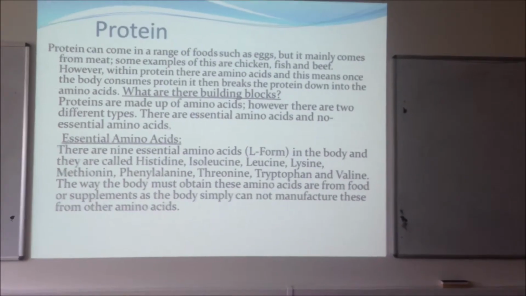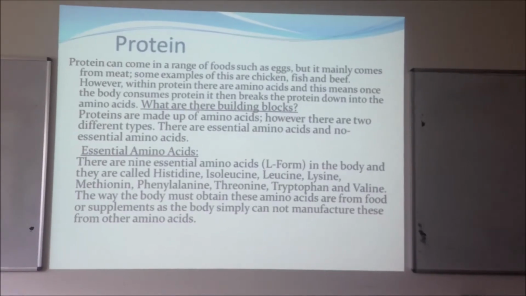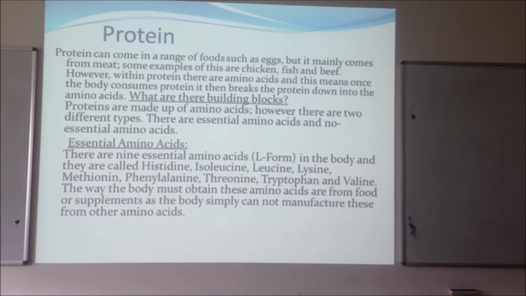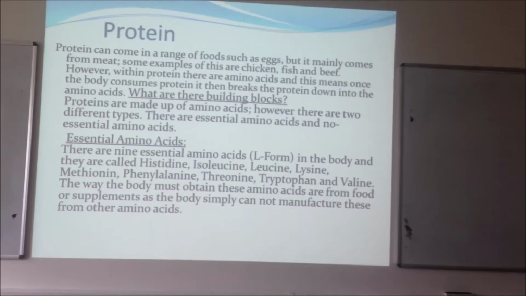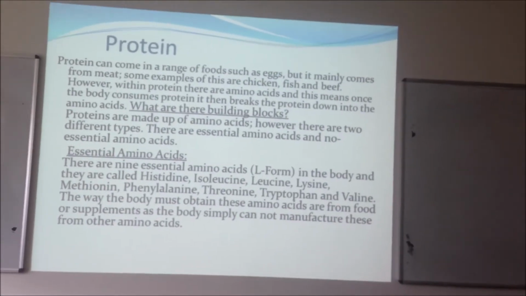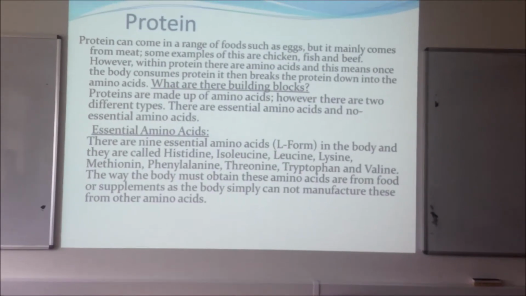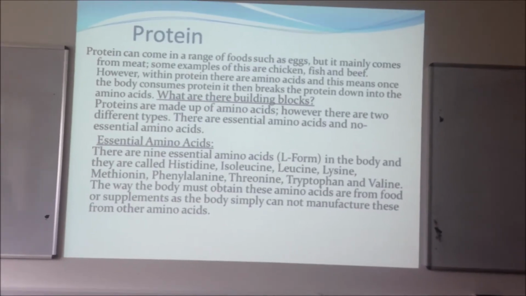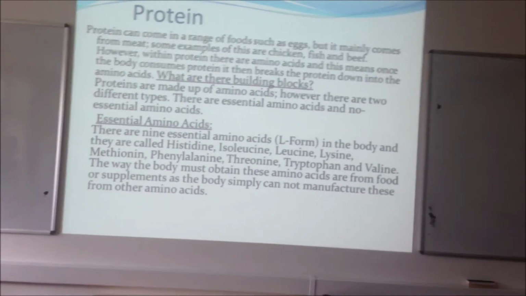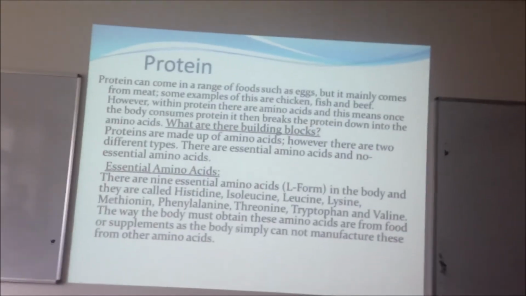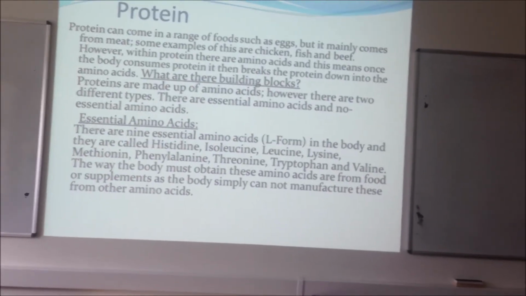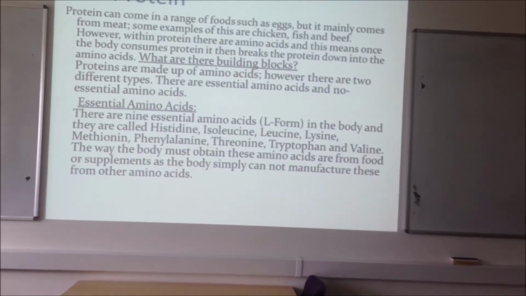Proteins are made up of amino acids, however there are two different types. There are essential amino acids and non-essential amino acids. Essential amino acids, L form, in the body, are called histidine, isoleucine, leucine, lysine, methionine, phenylalanine, threonine, tryptophan, and valine.